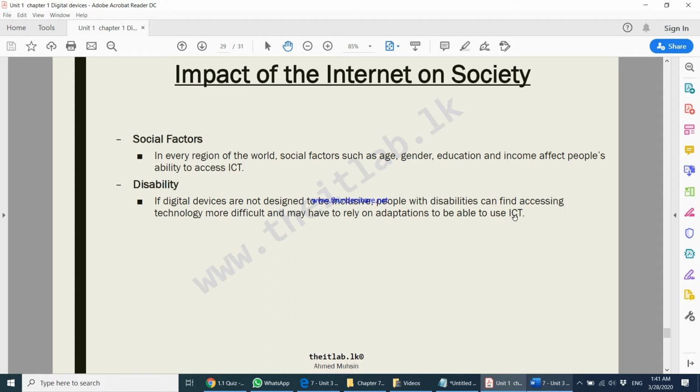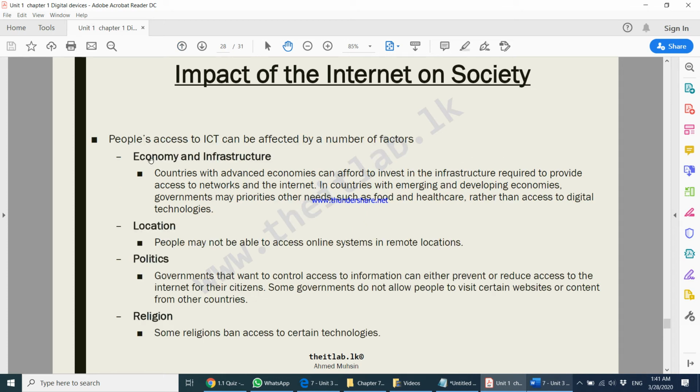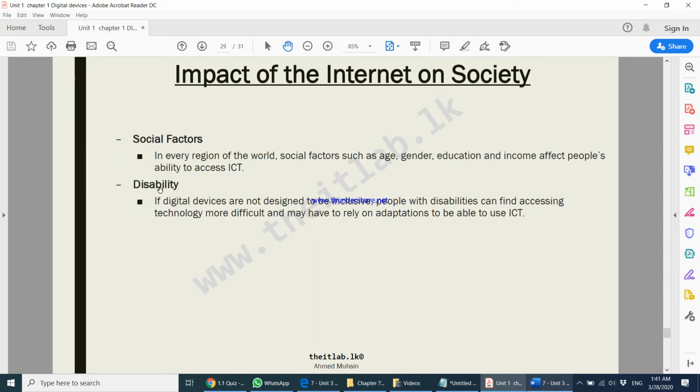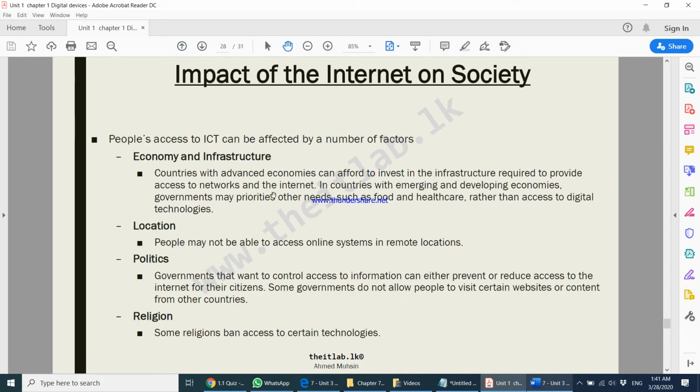So people who are disabled, people who do not have fingers, people who cannot see, for example, they may not be very interested in using digital devices unless digital devices are built with features that accommodate them as well. Okay, so far we have gone through a few factors. We went through economy and infrastructure, location, politics, religion, social factors and disability. So these are factors that affect people's access to ICT.